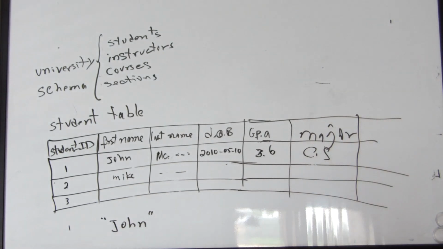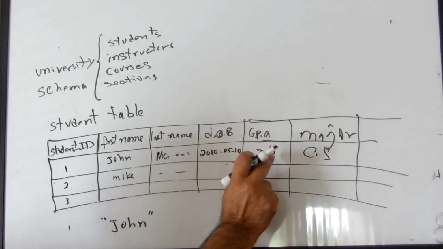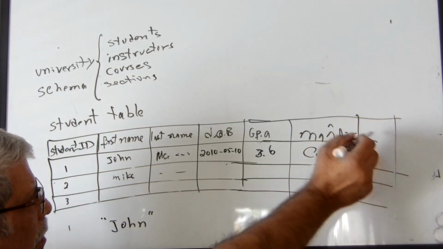What you do is first create a table, we'll talk about it later, and then you give the values to it. For example, the GPA, or date of birth, all these, or you might have something like age.